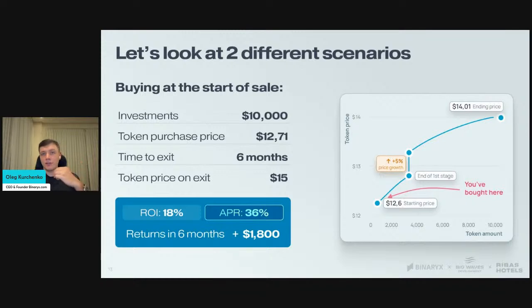That gives you a return on your investment of 18%, but your APR, because APR is calculated with the annual rate, will be 36%. And let's imagine that we collect some amount of funds, token prices grow by a couple of percent, and time is going to the end.